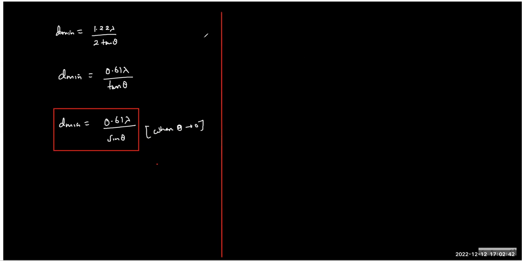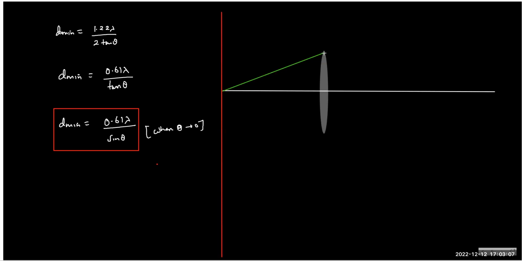Let's say the medium on both sides of the lens is not the same. Things will change a bit if I bring a medium into the picture.